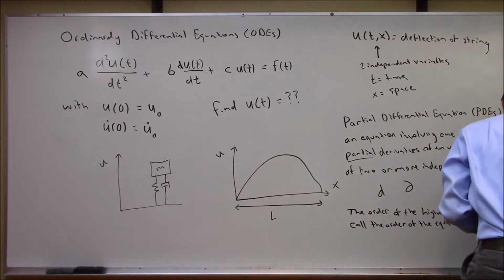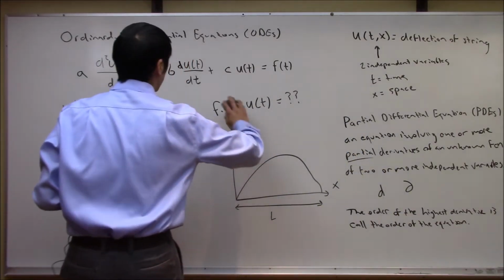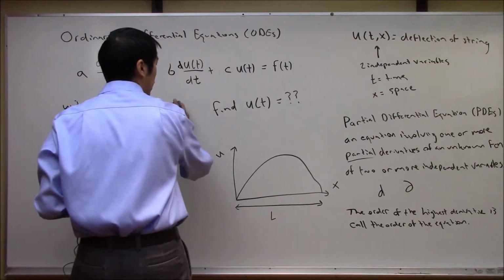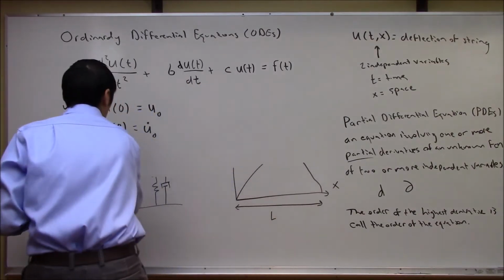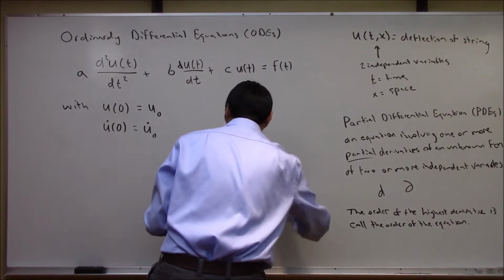Okay, so let's take a gander at what a general form of a PDE might look like. Let's leave our ODE up here, and we'll erase some of this down below and just write out a general form of a partial differential equation here.